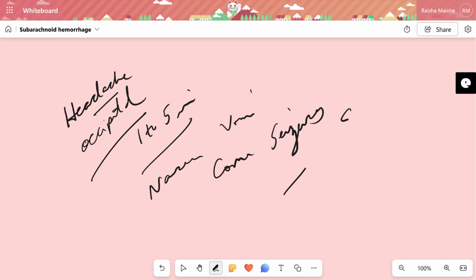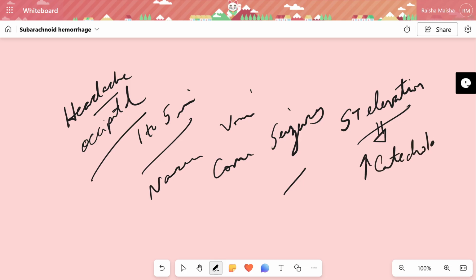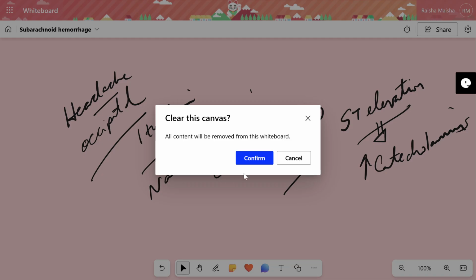And why is the ECG showing ST elevation when the problem is in the brain? It may be due to autonomic neural stimulation from the hypothalamus, or due to increased circulating catecholamines, that means epinephrine or norepinephrine.